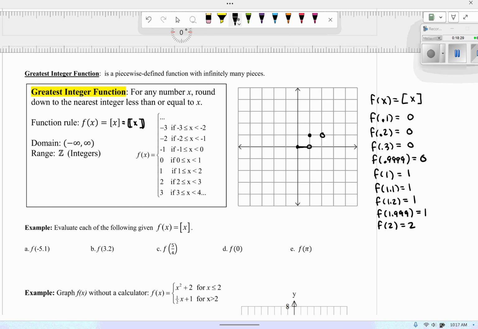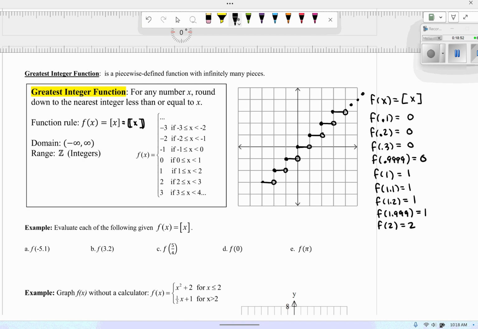So this looks kind of like steps. Some people call it the step function, but that's not actually the name. It's called the greatest integer function. And that goes on for each different integer that we have. Usually you use those 3 dots to denote that it's going to continue. So going the other direction would look the same and just continue.